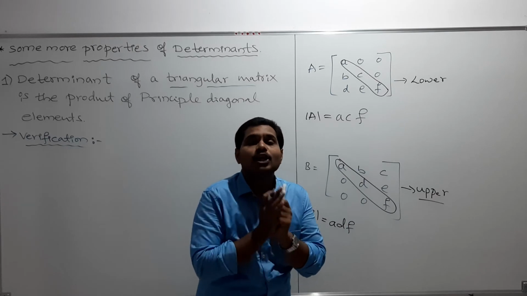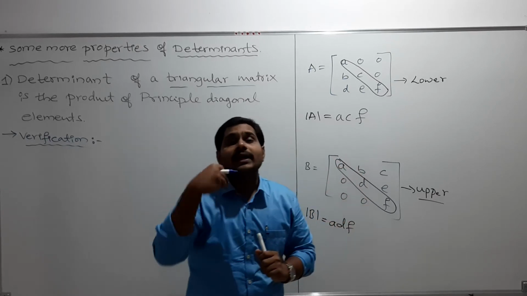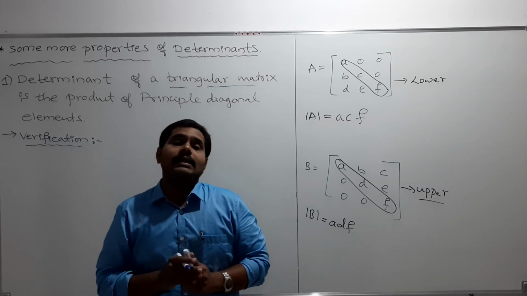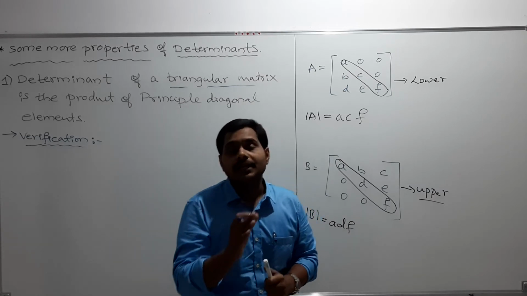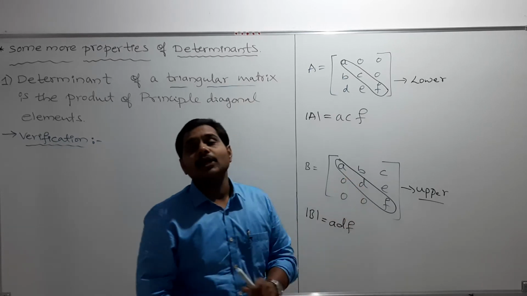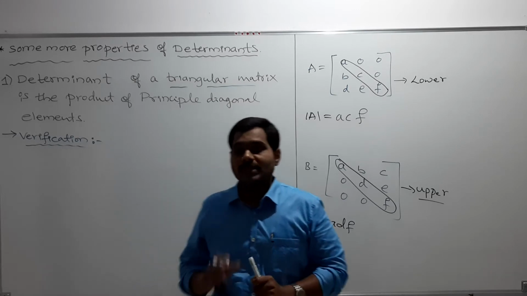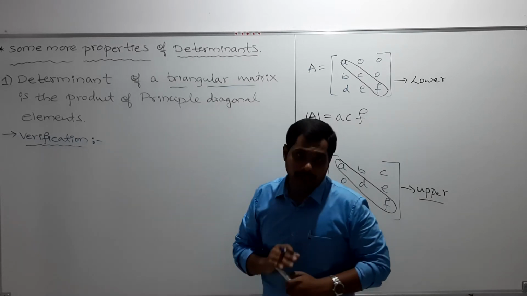Whenever you have a triangular matrix, either lower or upper, the product of the principal diagonal elements gives us the determinant value.